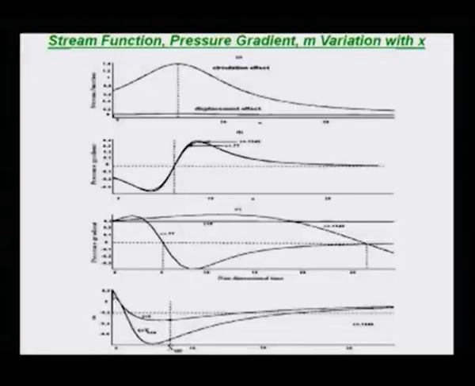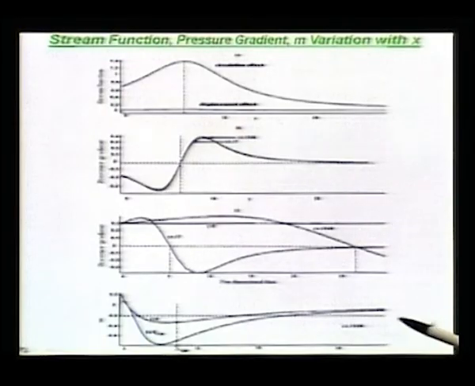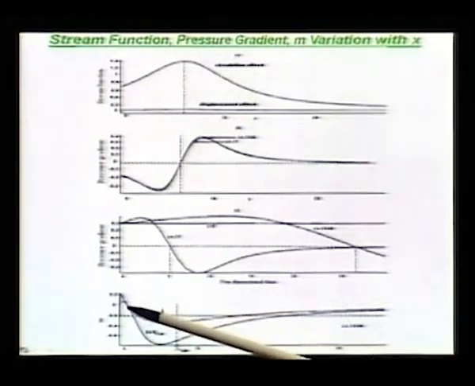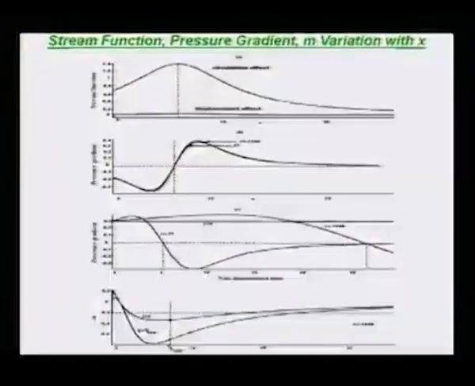So, at the initial instant, this is the variation of m with respect to x. This case is shown for a low value of c, 0.1545. So, at t equal to 0, the m variation is like this. What is this dotted line? This dotted line corresponds to the case where you have a steady flow separation, right.